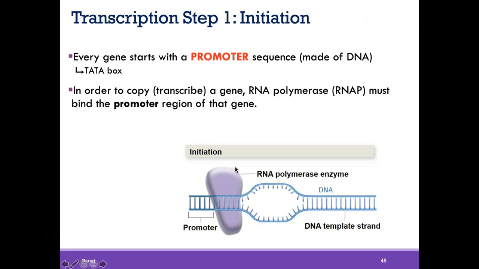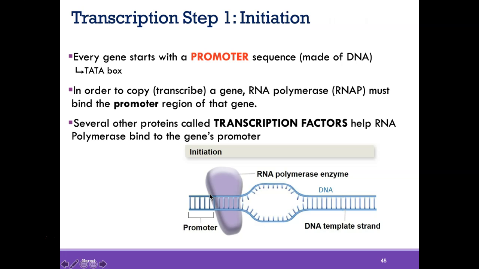So here's RNA polymerase. It recognizes the beginning of this gene at the promoter. That's very important. Several other proteins called transcription factors help RNA polymerase find the right promoters. I'll talk a lot more about this later.